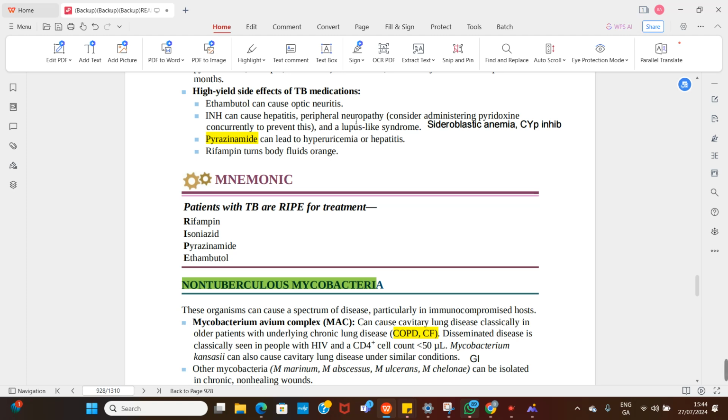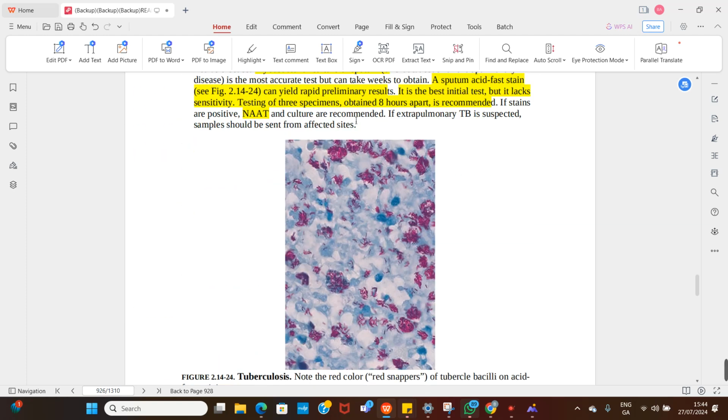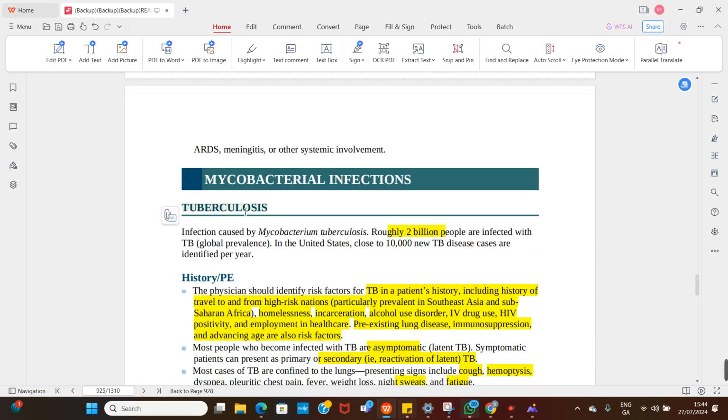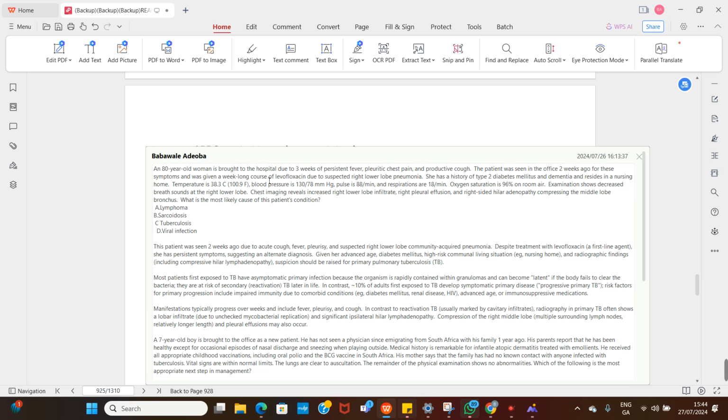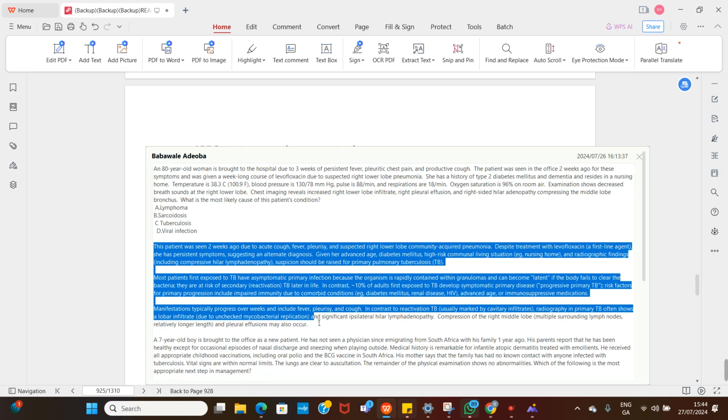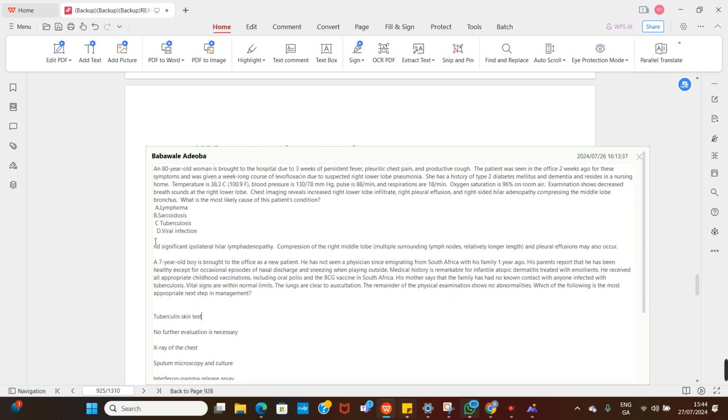Okay. So, let me see, do I have a question here? Tuberculosis. An 80-year-old woman is brought to the hospital due to 3 weeks of persistent fever, chest pain, and productive cough. The patient was seen in the office 2 weeks ago for these symptoms and was given a week-long course of levofloxacin due to suspected right lower lobe pneumonia.